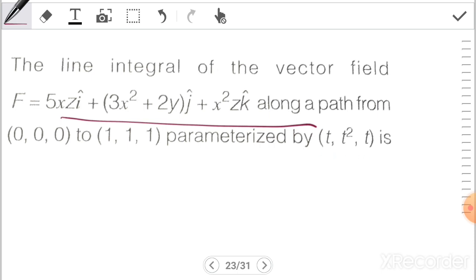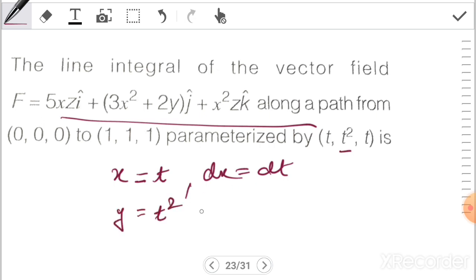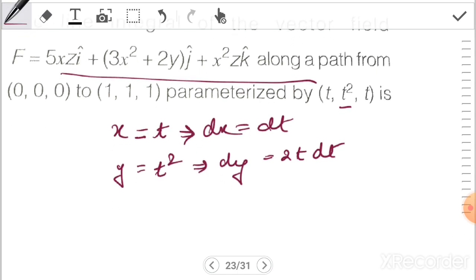So x is t, so dx is equal to dt, and y is t square, so dy is 2t dt. So z is t again, so dz is equal to dt.